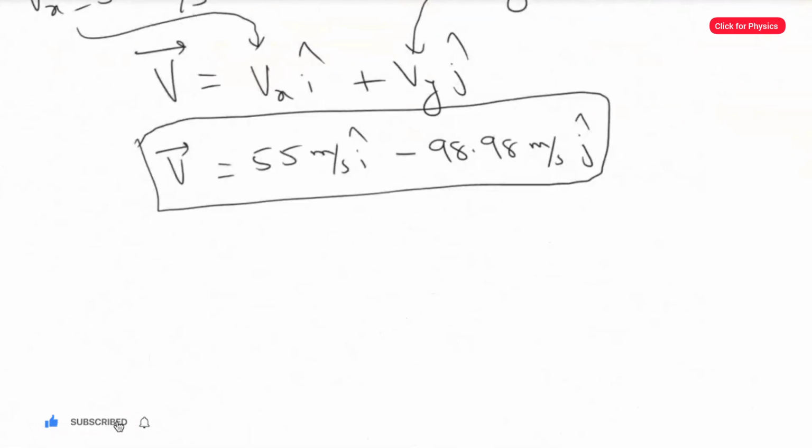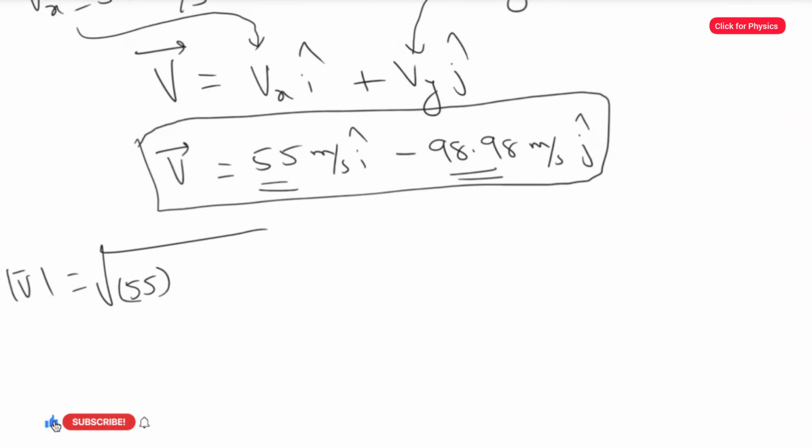So what's the formula for velocity magnitude? So velocity magnitude is given by square root of the x component square plus the y component square. So 55 square plus minus 98.98 square. So let's see what's the answer. So square root of 55 square plus minus 98.98 square.